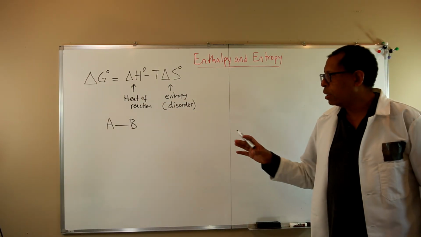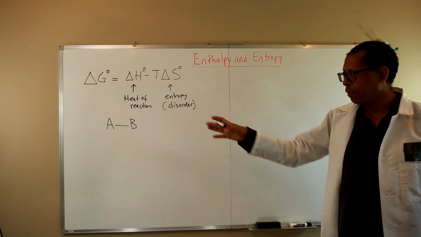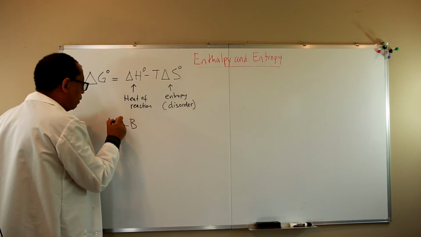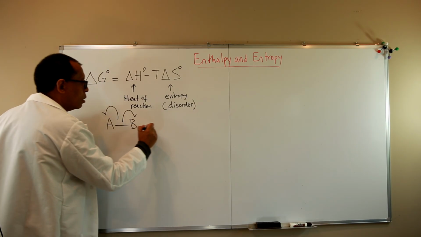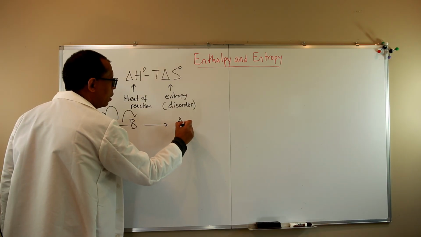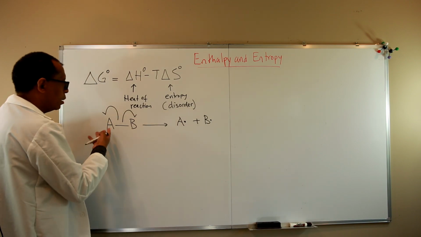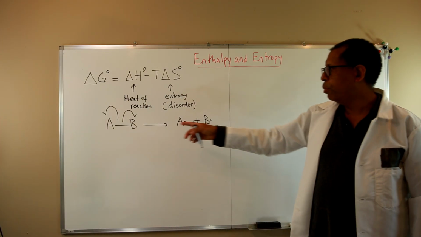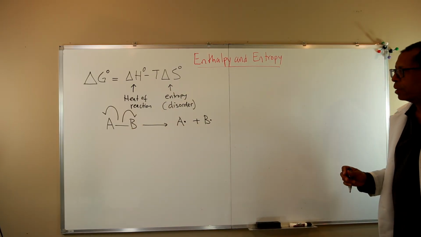In the bond dissociation, for example, if we just undergo a homolysis of that bond, that means a fishhook arrow like this would produce A radical and B radical. That actually is the bond dissociation energy that you should put in to break that bond into those free radicals.